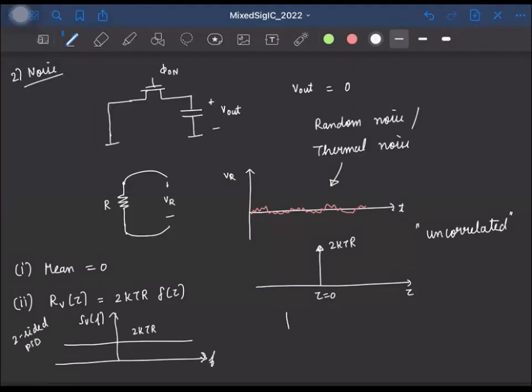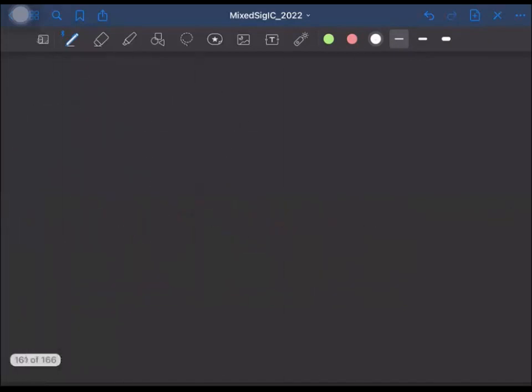Similarly, if you look at the single-sided power spectral density, it will be flat and the value is 4 kTr. So the single-sided power spectral density is 4 kTr volt square per hertz.